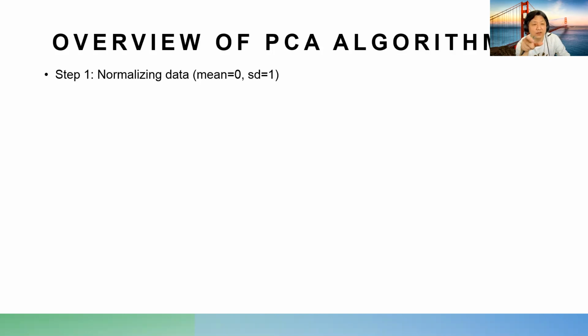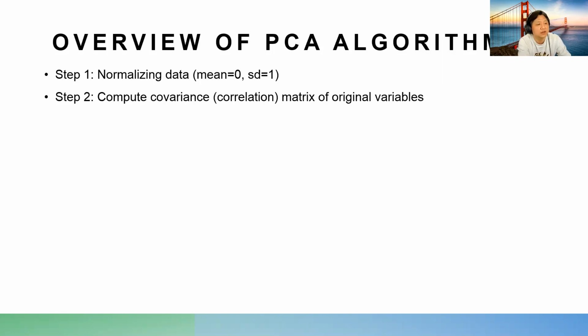If you have different units, we cannot directly compare the variances between the different units, right? So step one is to normalize data, and step two, you need to compute the covariance matrix of the original data set. But if you want to use a correlation matrix, you don't need step one, because if you use the correlation matrix, that means the covariance matrix is already scaled, right?